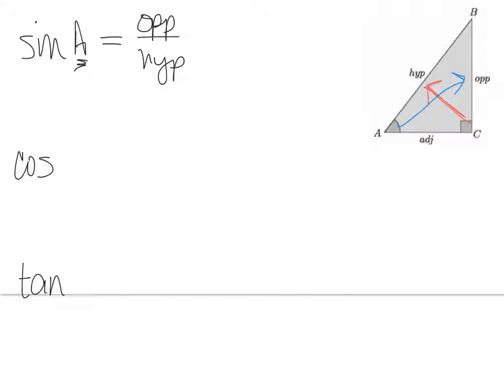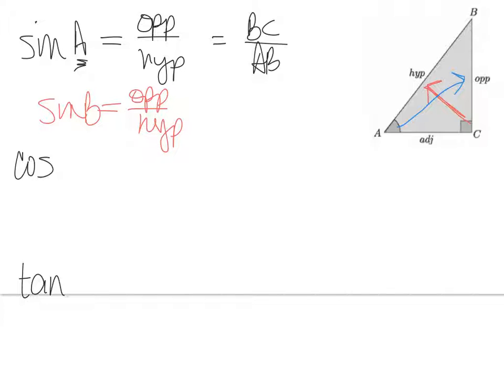So I can write this out as opposite equals BC, hypotenuse is AB. So if we had values there, we would have values there. Just like if I did sine of angle B, that is also opposite over hypotenuse. But opposite of angle B is AC over hypotenuse AB.